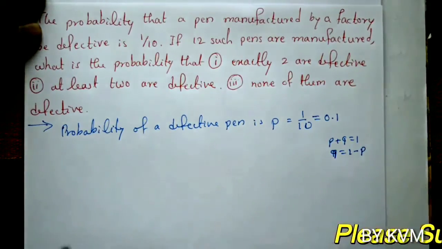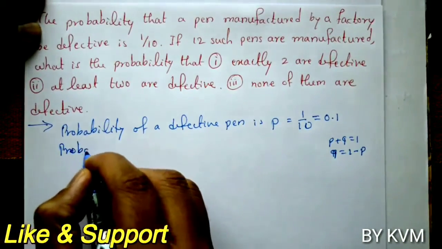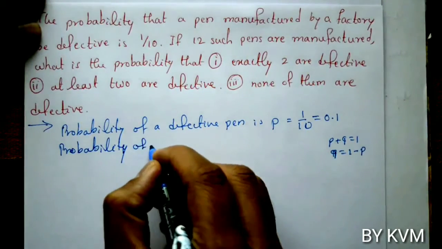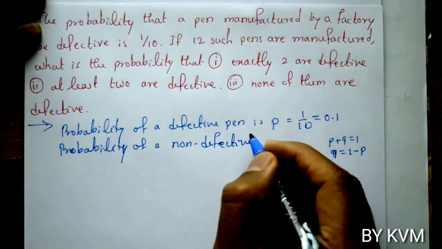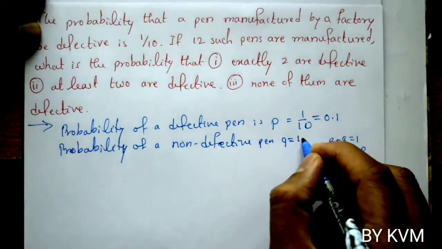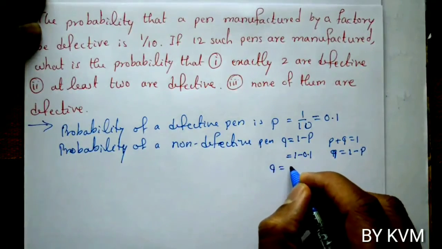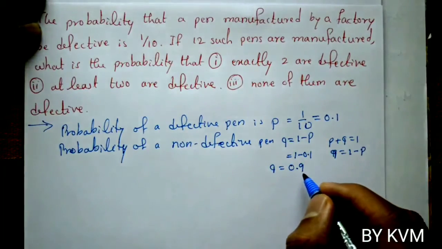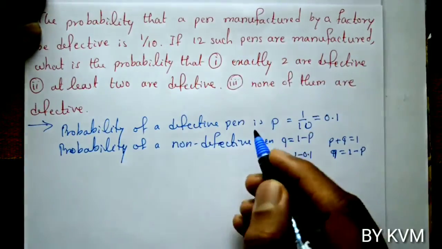So, Q equals 1 minus P. So, the probability of a non defective pen, that is Q equals 1 minus P. So, Q equals 1 minus 0.1. So, Q equals 0.9. So, the probability of a defective pen P is 0.1 and the probability of a non defective pen Q is 0.9.